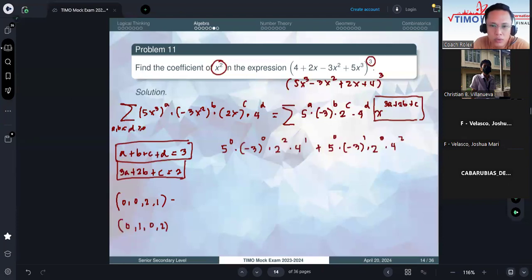And this is equal to 1 times 4, that is 16, plus this is 1, negative 3, 0, 16 times 3 is 48, negative 48, negative 24, negative 32. Can we have 1? If this is the 1, 0, do we still have any other ordered triple?